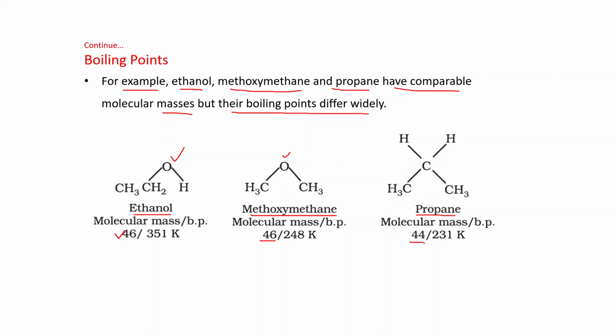All these three have comparable molecular mass. Now see their boiling points. Ethanol is 351 Kelvin, the ether is 248 Kelvin, and propane is 231 Kelvin. You can see the boiling point of ethanol is very high. The reason is the presence of hydrogen bonding.